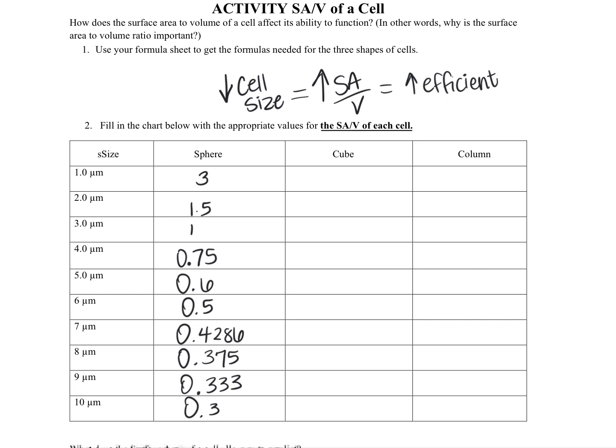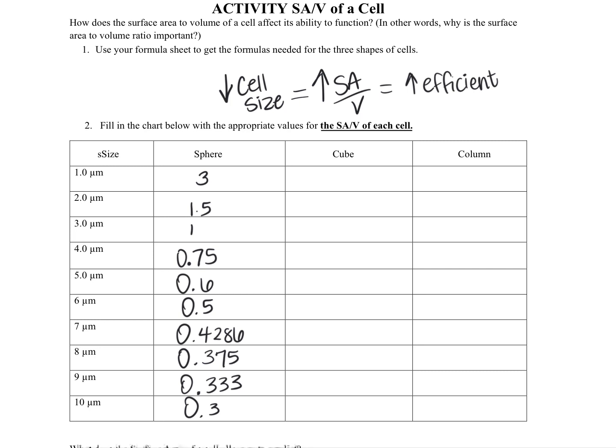So you could say the opposite is true. The smaller the cell, so as we go smaller this way, that surface area to volume ratio is increasing. Therefore, the efficiency is increasing. And so this is a very important relationship I need for everyone to understand.